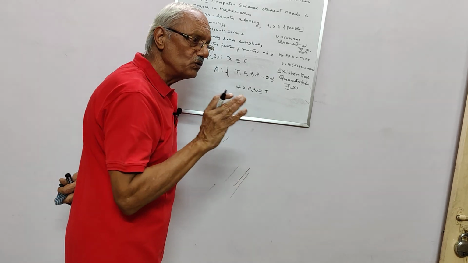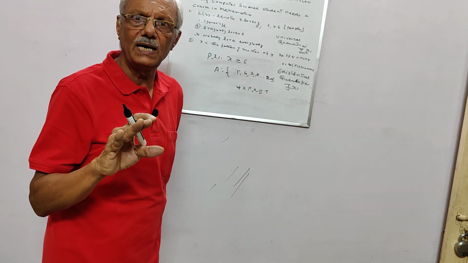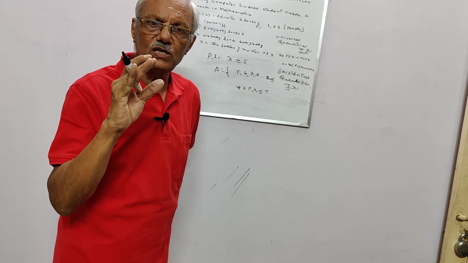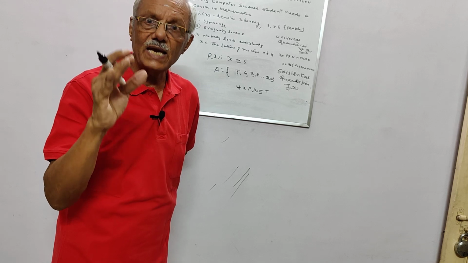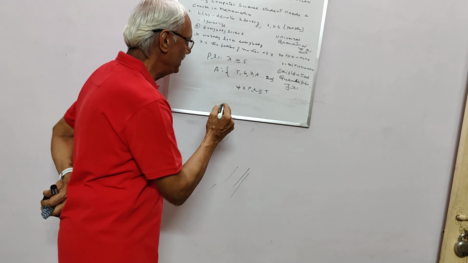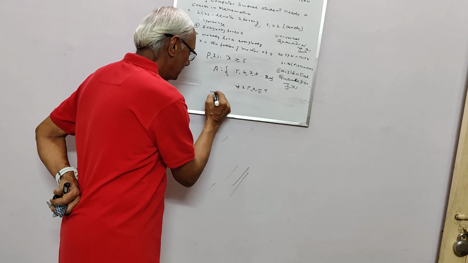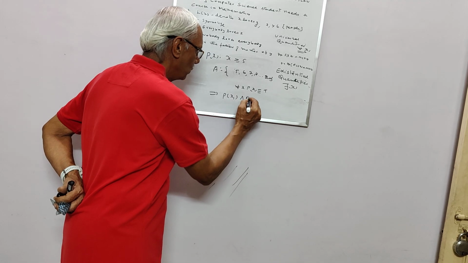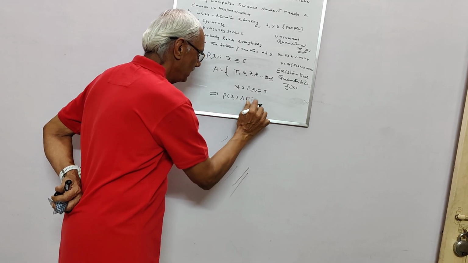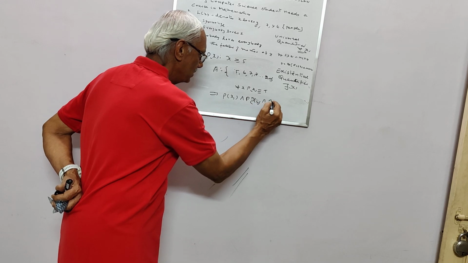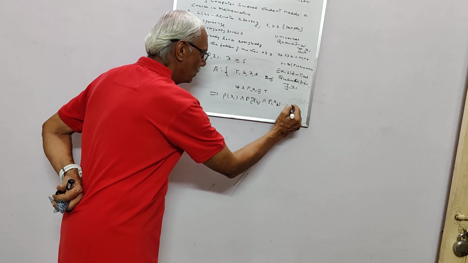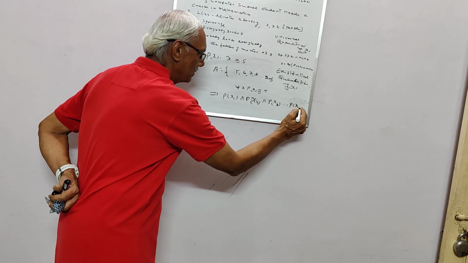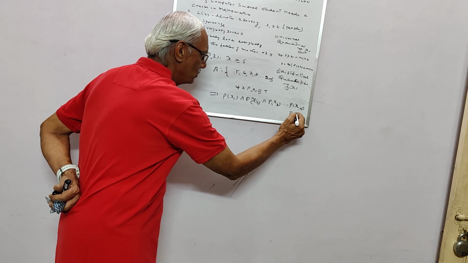Now if you say that for every x a particular propositional function is true on assigning the values for the variable, then this implies that p of x1 is true, p of x2, p of x3, up to p of xn must be equal to true.